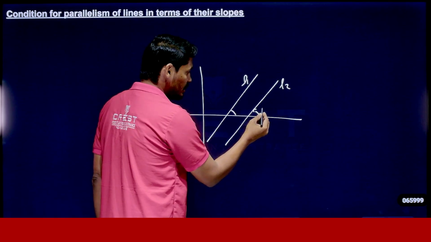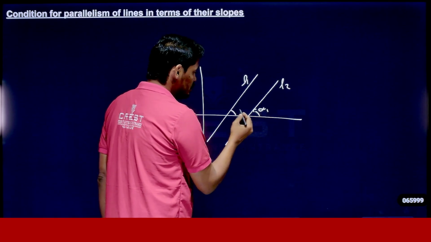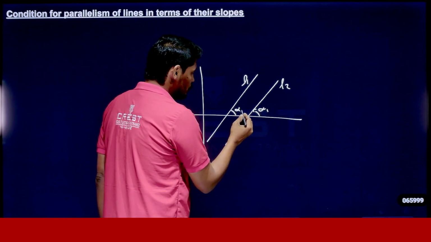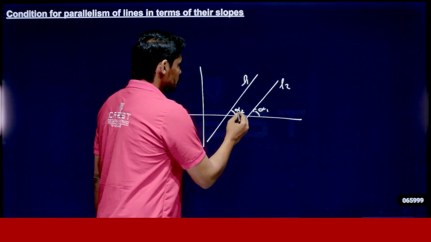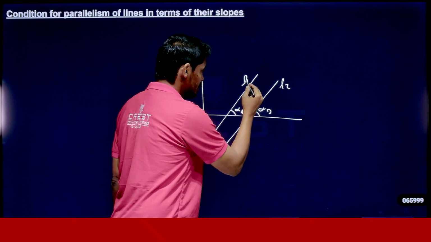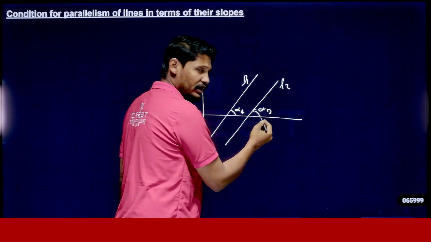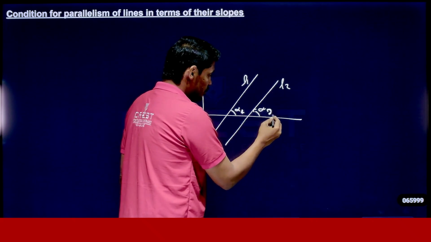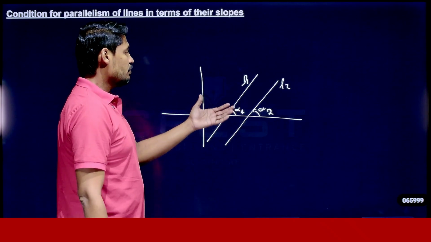Suppose this angle is alpha 1, so this will be alpha 2. You can give any name, no issue. So alpha 1 is equal to alpha 2.